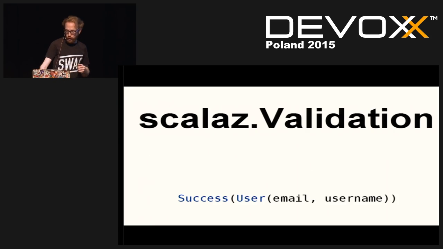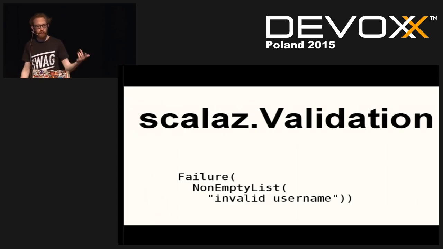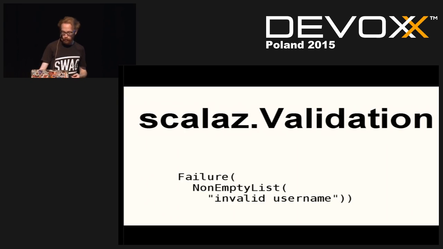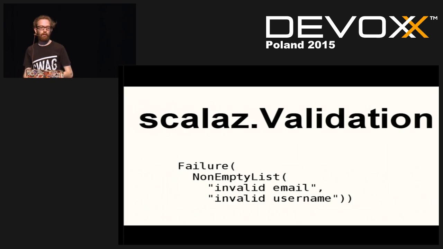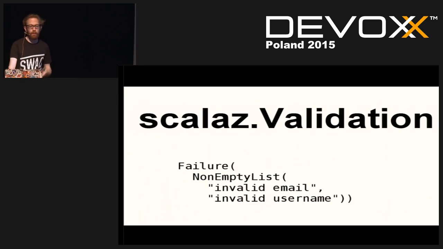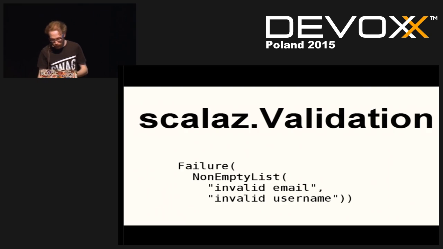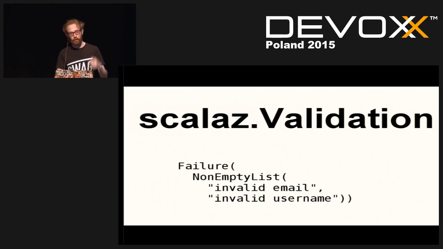And if something goes wrong, then I get a non-empty list of errors. And if two things go wrong, I got my two errors, which you can't have with exceptions or with Either or with disjunction. And that's very, very, very nice. Especially with web forms, you want to handle every field in parallel. You don't want to block on the first error.